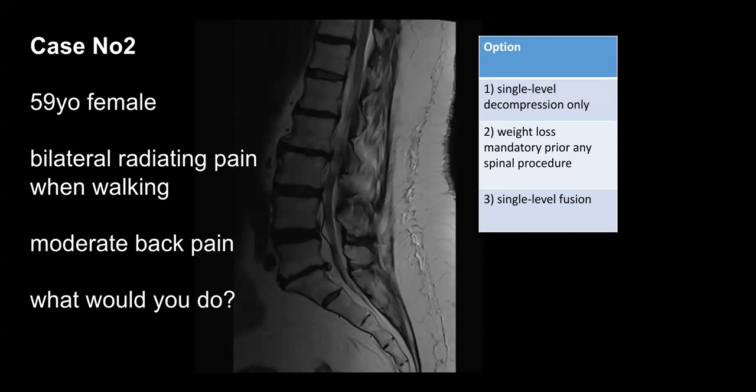I think we have to look whether decompression only or single level fusion is a solution, or in between. Is weight loss mandatory prior to any spinal procedure? I know obesity is a big problem in the US as well. Do you have a standard algorithm, Andrew, or Mike in Australia?